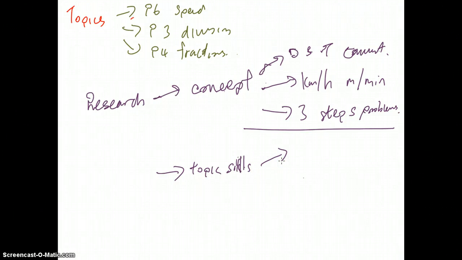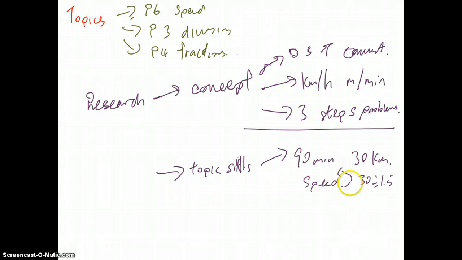For instance, some of the questions say that he traveled for 90 minutes for a distance of 30 kilometers, and they will ask you what the speed is. In order to find the speed, first of all you need to convert 90 minutes into 1.5 hours. So the speed will be 30 divided by 1.5. So one of the skills they need to know is conversion.